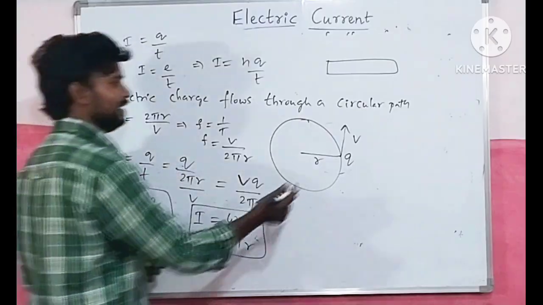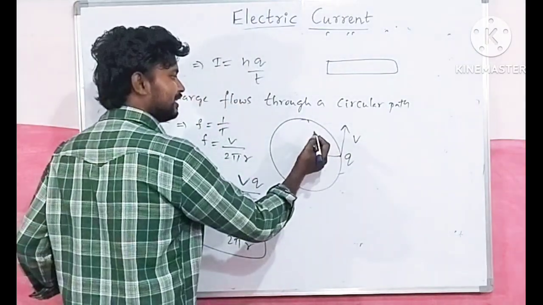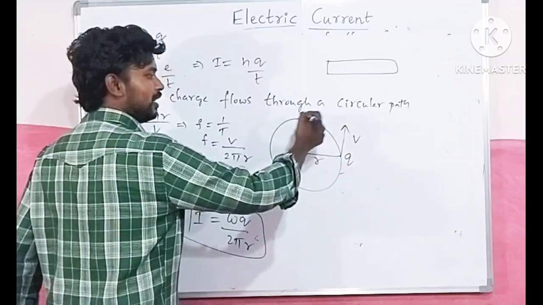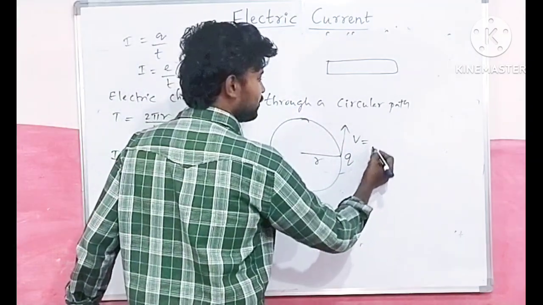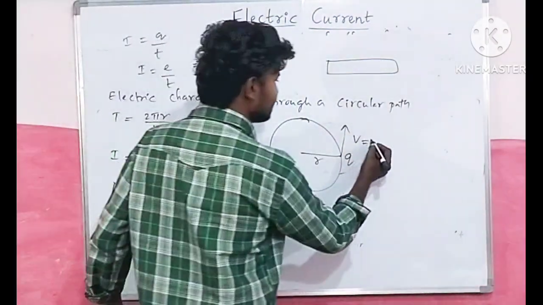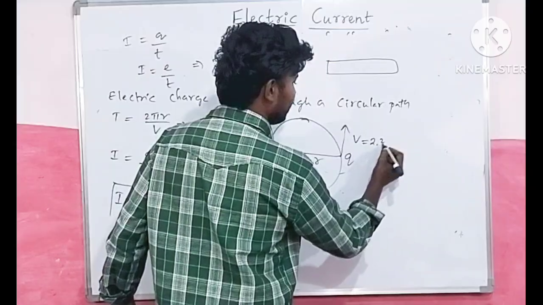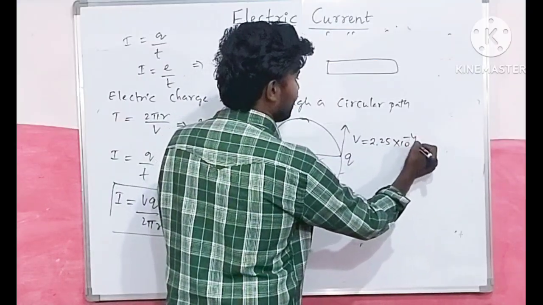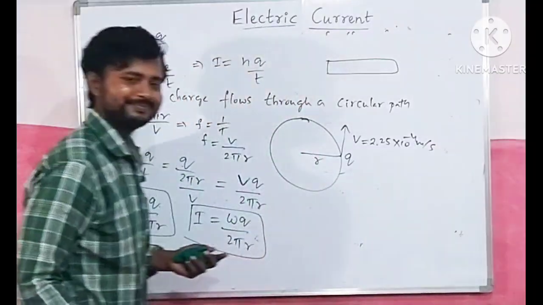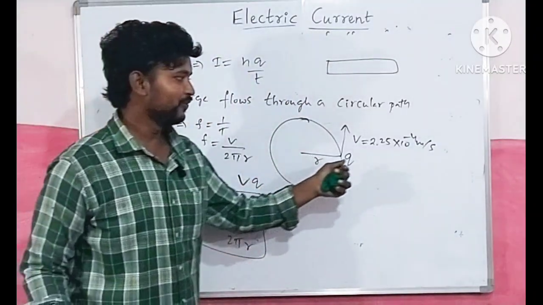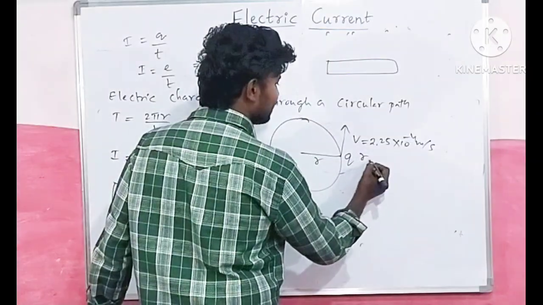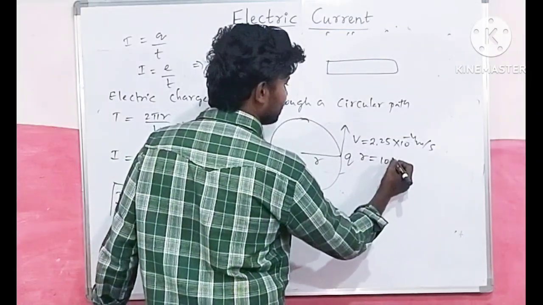For example, in this case the electron is moving around the nucleus of a hydrogen atom with a speed of 2.25 into 10 power minus 4 meters per second. The radius equals 10 angstrom.